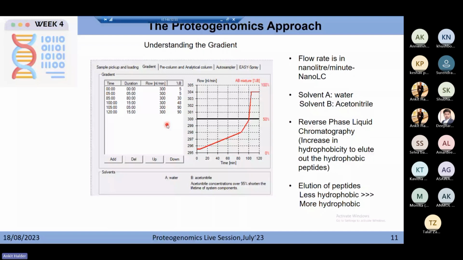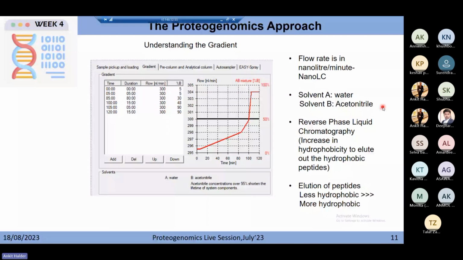We bind our hydrophobic peptides to the C18 column, and then we elute the peptides using a mobile phase with a hydrophobic solvent, increasing the gradient as they elute out.